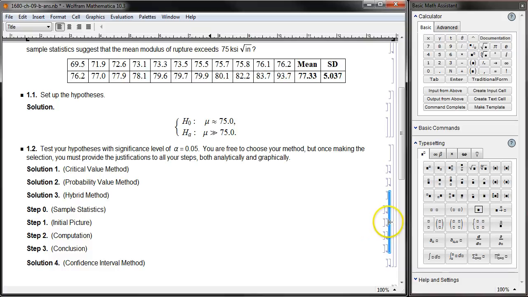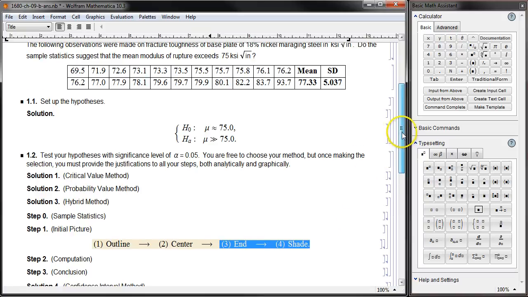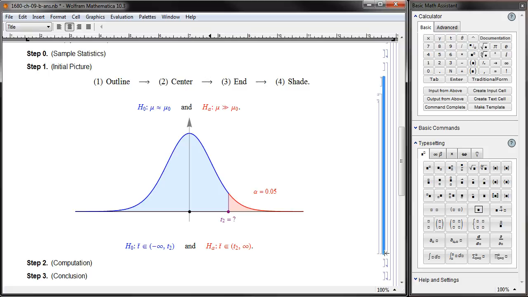And this is the initial picture you have, and then shading looks very much like those of critical value method, except that you're using t-scores only here.